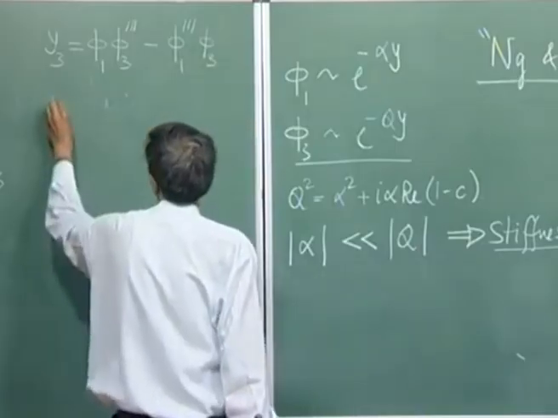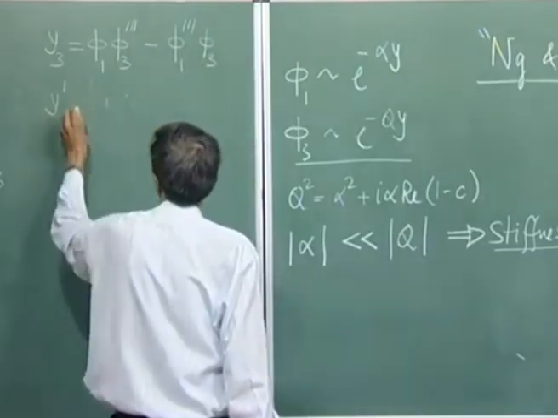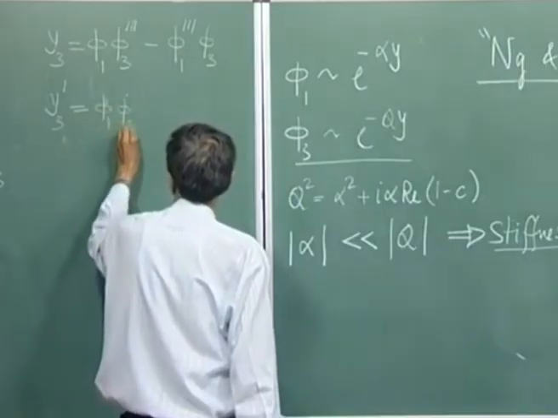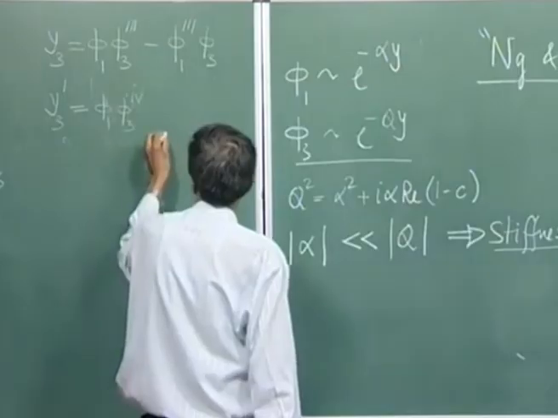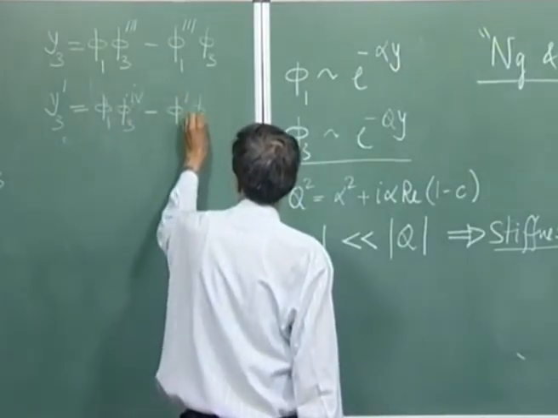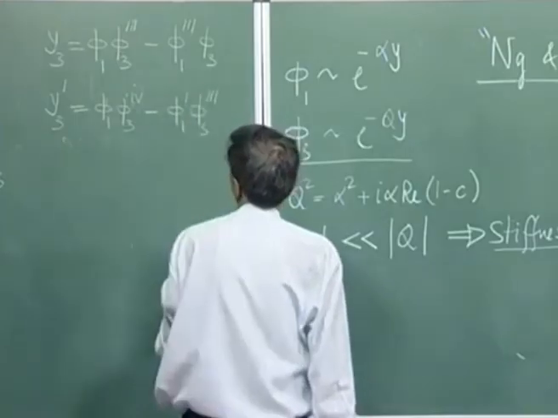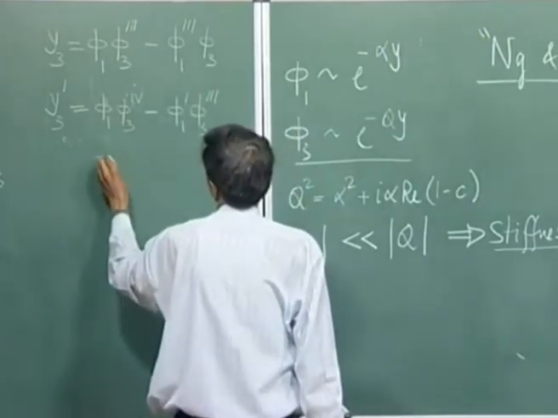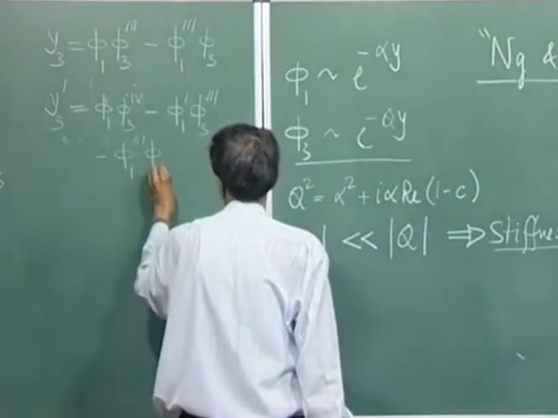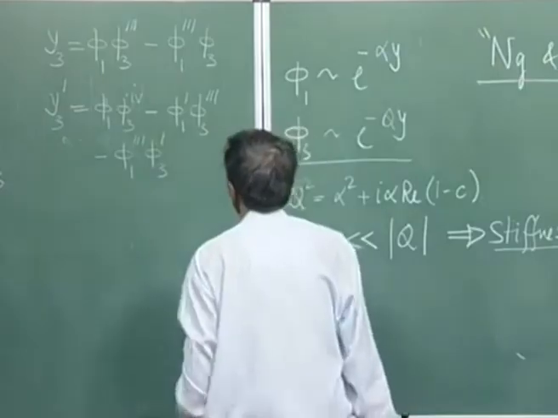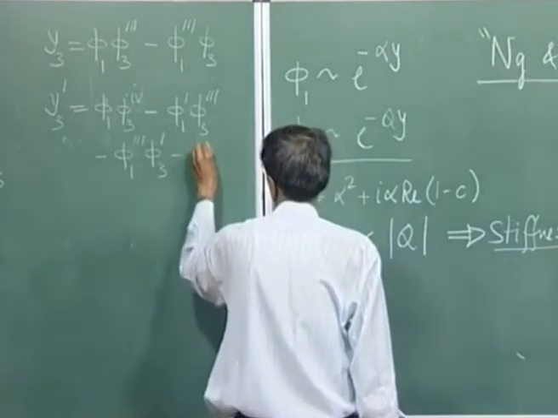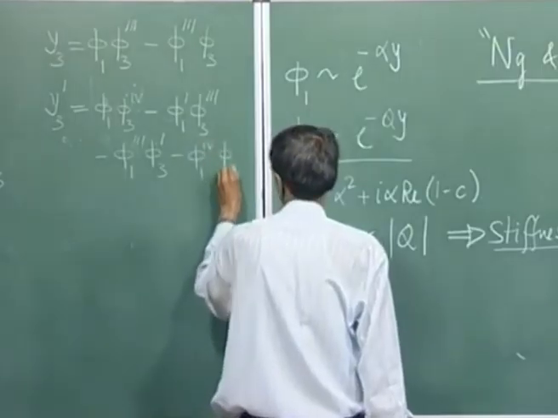So, if I do y 3 prime, one part will be phi 1 phi 3 fourth derivative minus phi 1 prime phi 3 triple prime, minus phi 1 triple prime phi 3 prime, and then I will also have phi 1 fourth derivative phi 3.